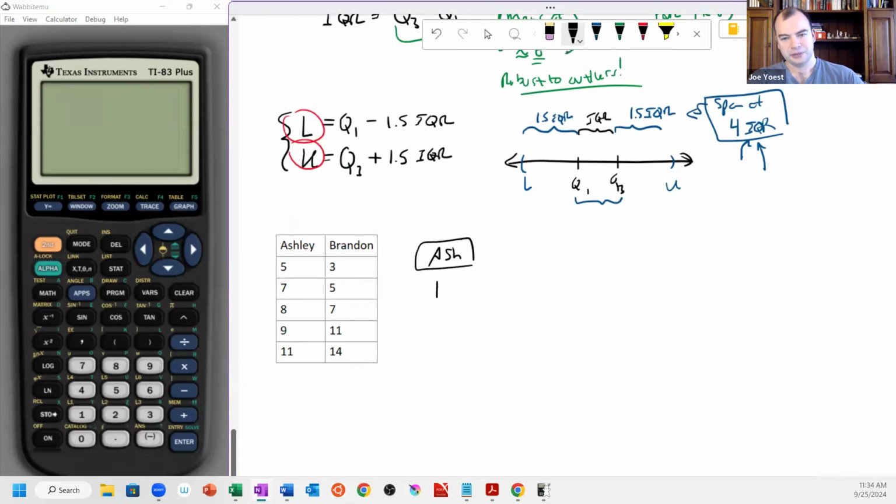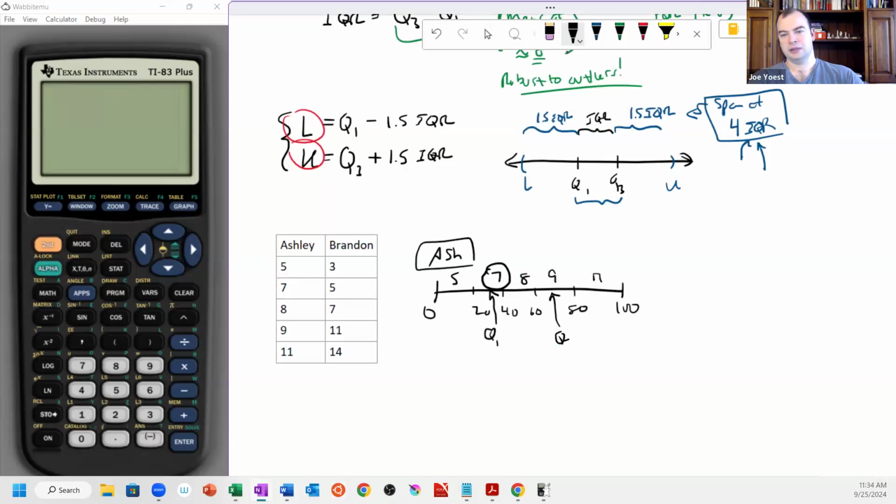So Ashley's data. I see that Q1, or the 25th percentile, is going to be 7. And I see the Q3, the 75th percentile, is going to be 9.